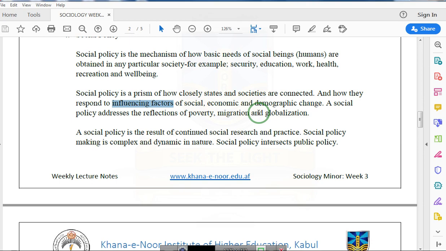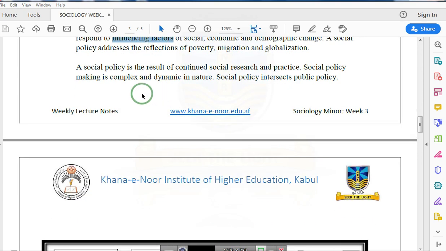In both these perspectives, we find that due to poverty, migration, and globalization, there are countless changes taking place in our social structures, in our social lives. A social policy is the result of continued social research and practice. Social policy making is complex and dynamic in nature.